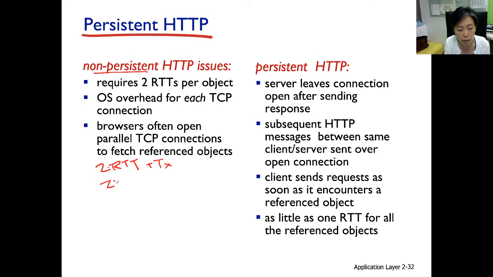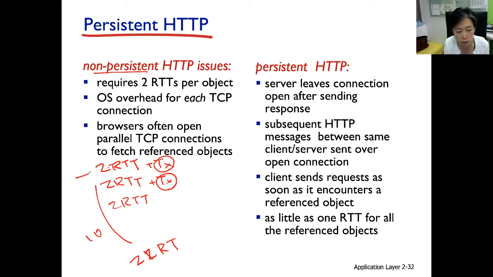For each of the 10 objects, we do more. Okay, so the transmission time might vary a little bit from object to object, but the round trip times remain the same. Right, so there are 10 of these. So 22 round trip times. So 10 of these plus this one over here, the base. And yeah, the sum of the transmission times, depending on which object it is, for Oi.